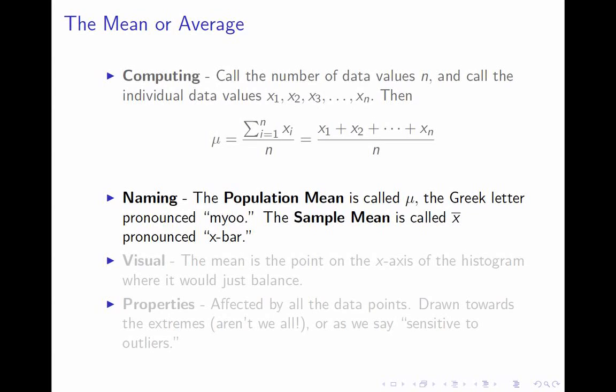The convention, which sadly is not followed universally, is that when you use a variable to represent a parameter, you use a Greek letter. And when you use a variable to represent a statistic, you use a Roman letter. Roman letters are the everyday letters that we use nowadays. So that convention is followed rigorously for the mean. The population mean is called mu, Greek letter mu, and the sample mean is referred to by an x with a bar over it, and is pronounced x bar.